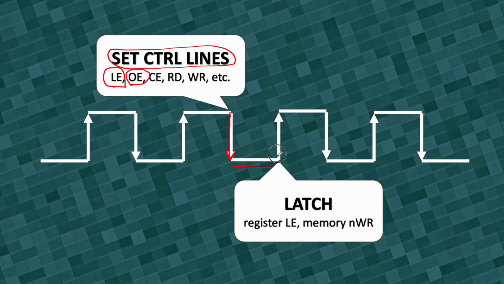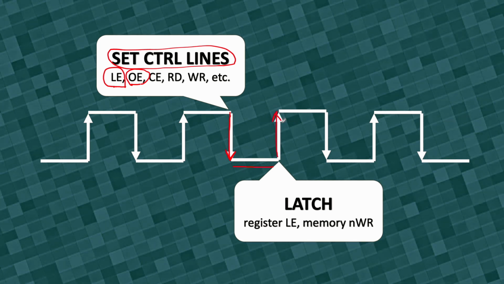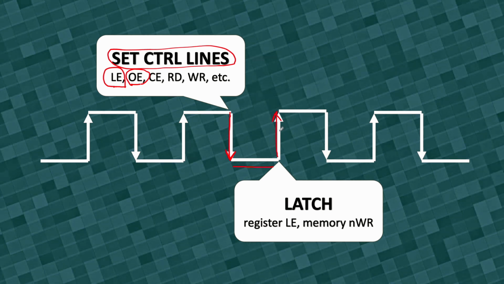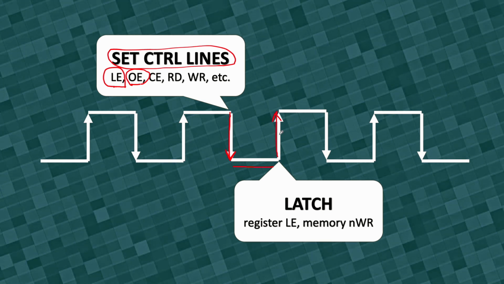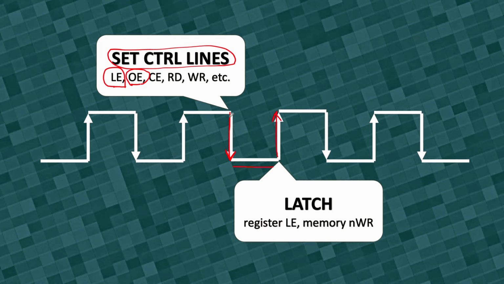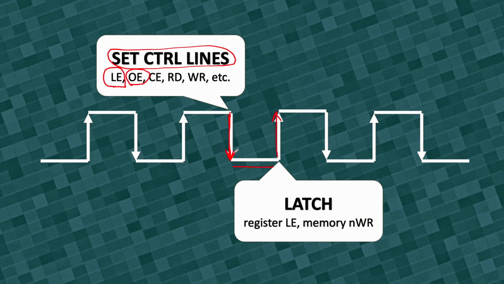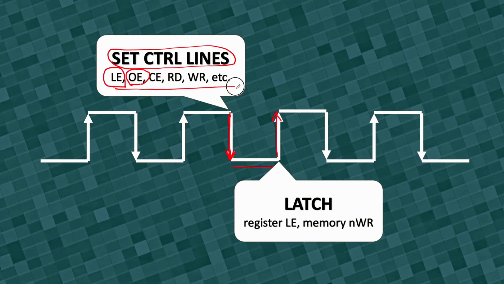The rising edge of the clock is when you latch the data that has been communicated or computed. But to decide what computation you want to do or what communication you want to do, we will use the falling edge of the clock to set the control lines.